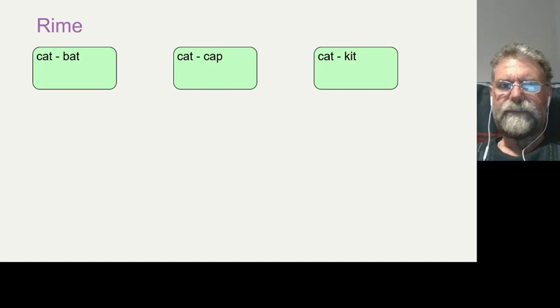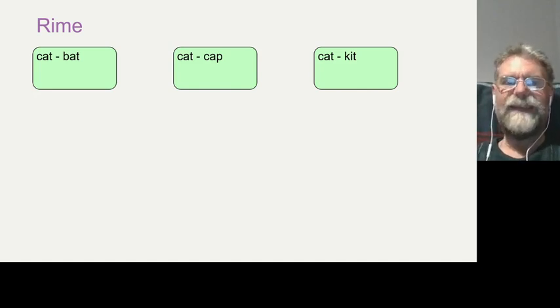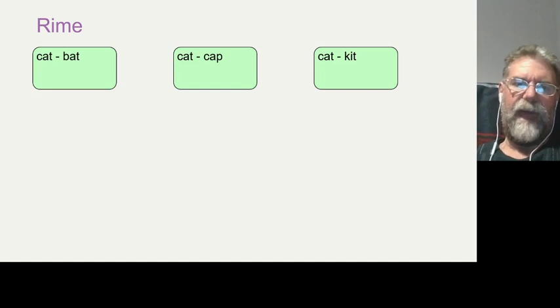And that's because this pair, cat and bat, represents a phenomenon that we're all familiar with, particularly from poetry and poetic language, and that is this notion of rhyming. We say that two words like cat and bat rhyme with each other. Certainly cat and cap are not considered to be a rhyme, or cat and kit. So there's something special about that first pairing of words, they form this rhyming pair.